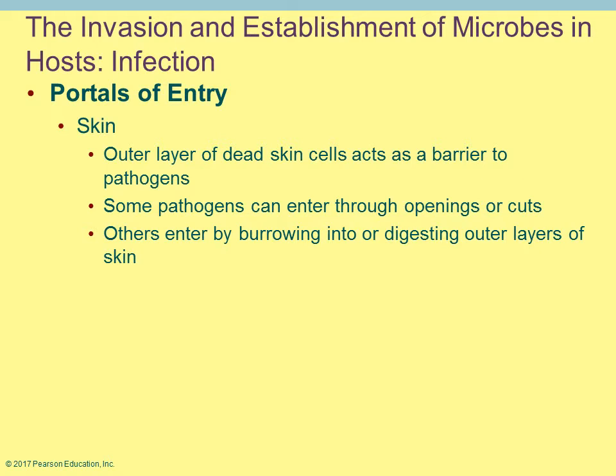However, if you have a cut, if you have an opening where somehow the integrity of that layer of skin has been compromised, that allows for an opening now for the pathogen to be able to enter. Some pathogens actually are able to produce enzymes which start to digest or break away some of those outer layers and allow the microorganism to be able to penetrate deeper.